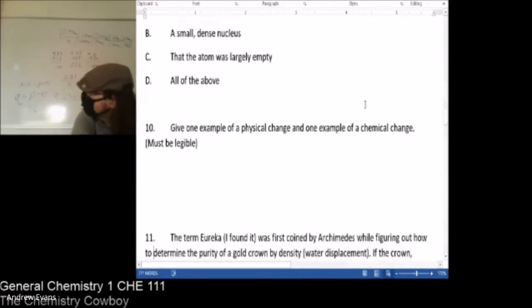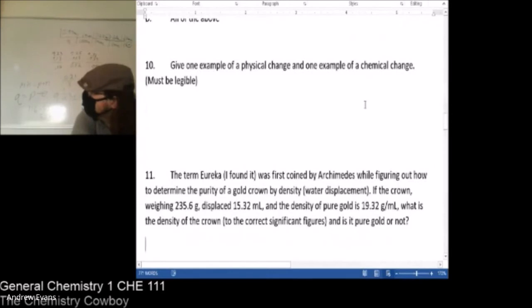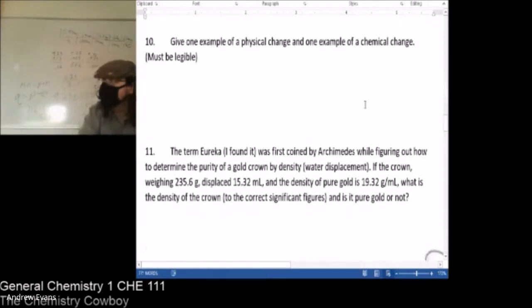This one was just give an example of a chemical or physical change. Rather than me think of something, I threw it out for people to be creative. Remember, physical changes could change how something looks, but not any of the chemical properties. I could melt something, I could boil something.